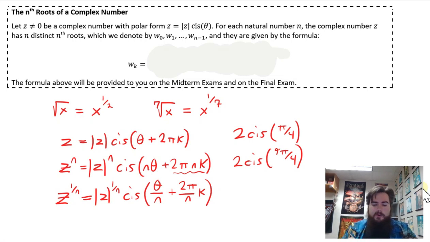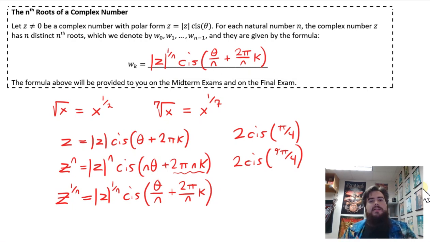And they're given by the formula mod z to the 1/n power times cis of theta over n plus 2 pi over n times k. So, a little bit different than the power rule, but it's very important because we can use the different values of k to generate the solutions that we need.